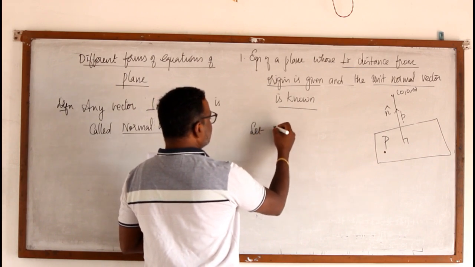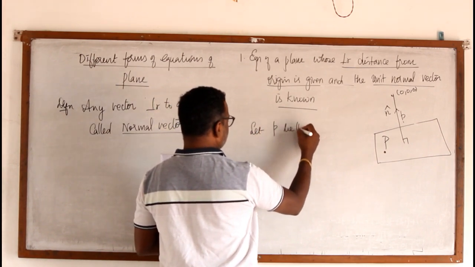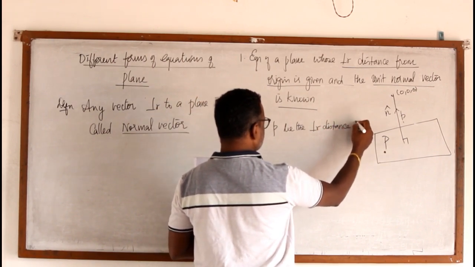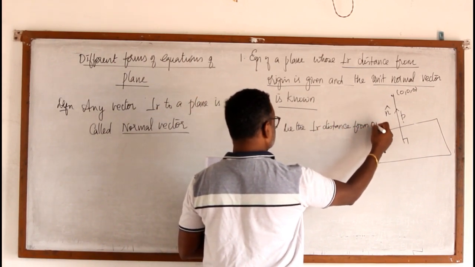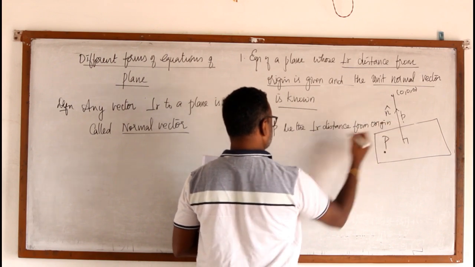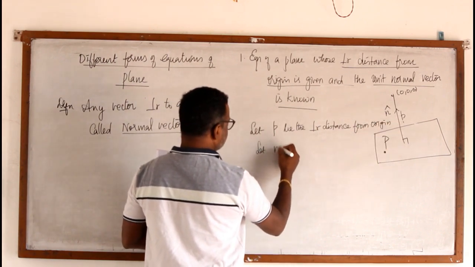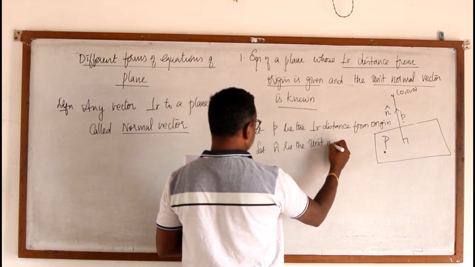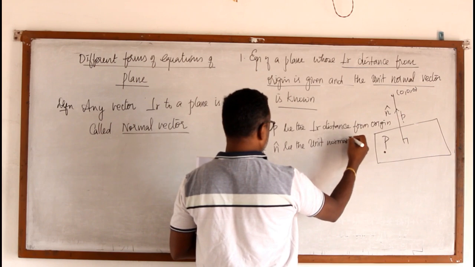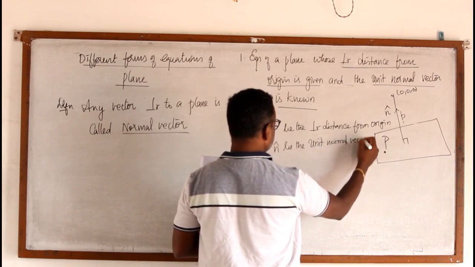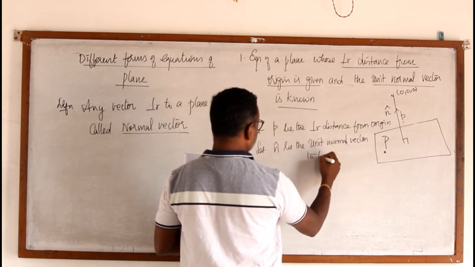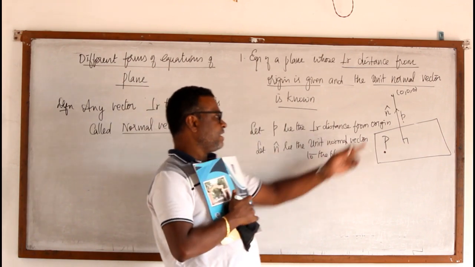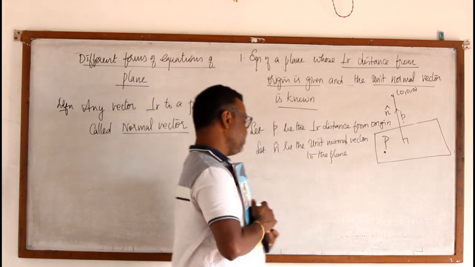Let small p be the perpendicular distance from origin. Let n cap be the unit normal vector to the plane, meaning this n cap is acting along this perpendicular.